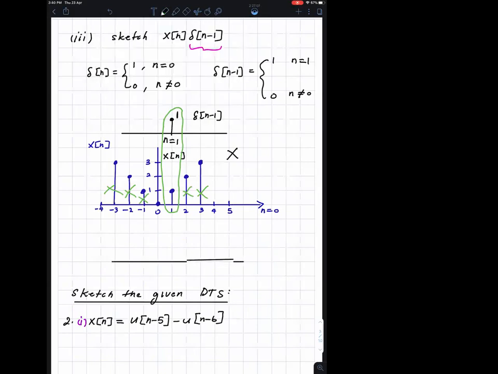So therefore the output. Okay, that's the answer.